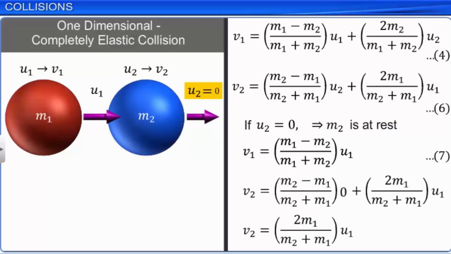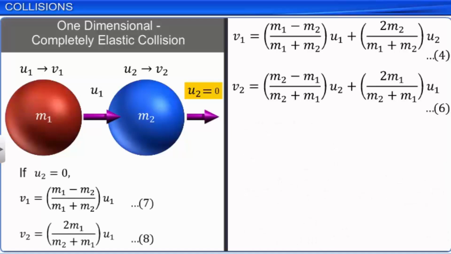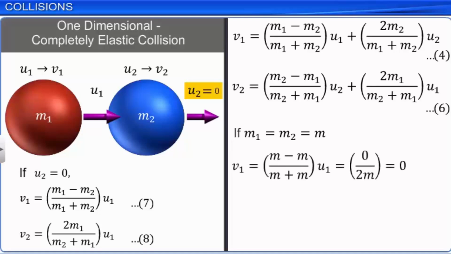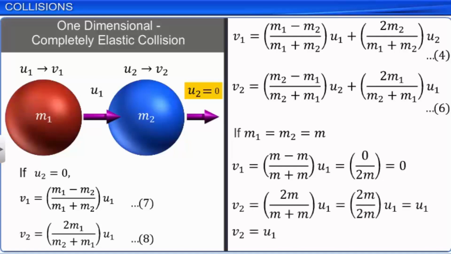Let this be equation 8. Moreover, in this case, if m1 is equal to m2, say equal to m, then we get v1 equal to 0 and also v2 equal to u1. Thus, we see that the two bodies exchange their velocities after the collision.